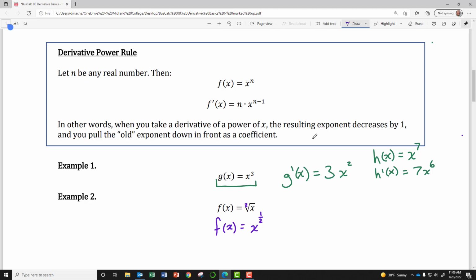And likewise, just to pull another example out here, if I have the function, let's call it a of x, and I set that equal to the cube root of x, remember that the cube root of x is then just x raised to the 1/3 power.